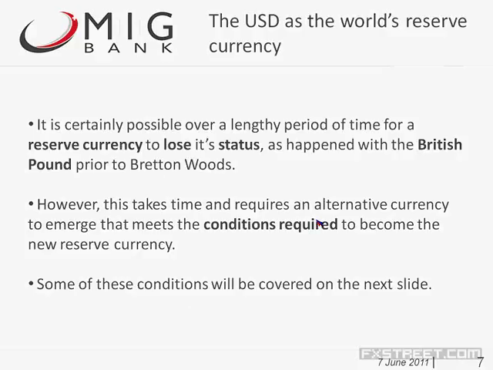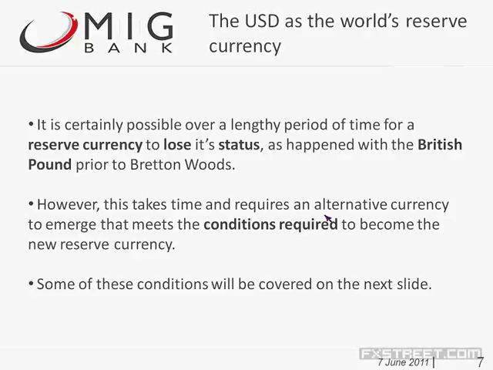We mustn't forget that over a lengthy period of time, it's possible for a reserve currency to lose its status. This happened with the British pound prior to Bretton Woods. However, I think a process like that will actually take quite a while to pan out.